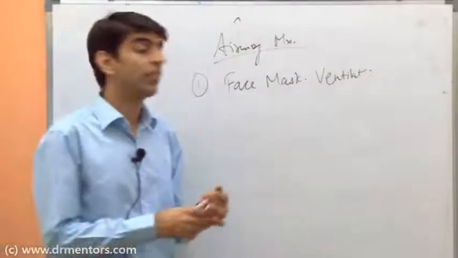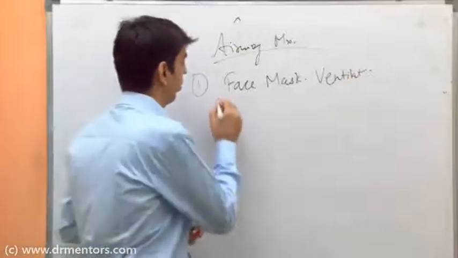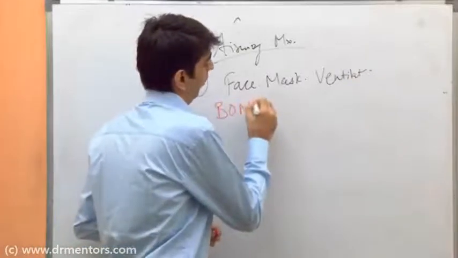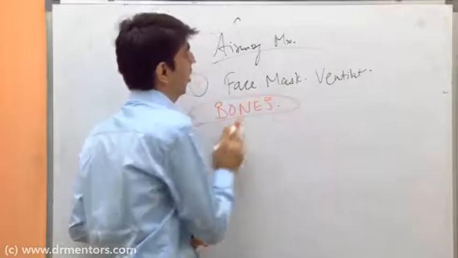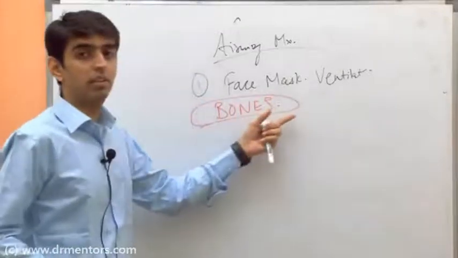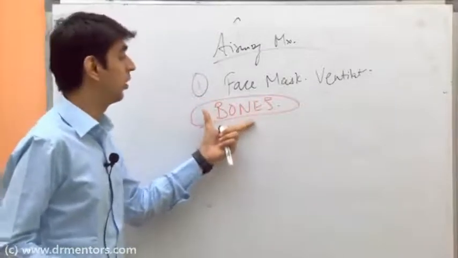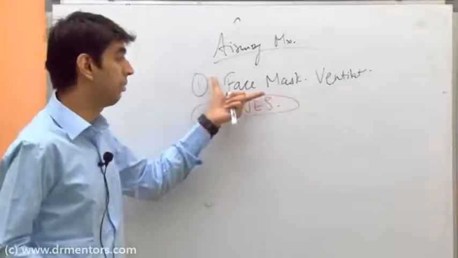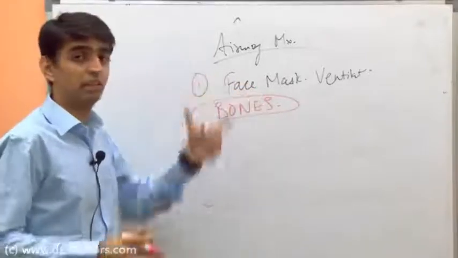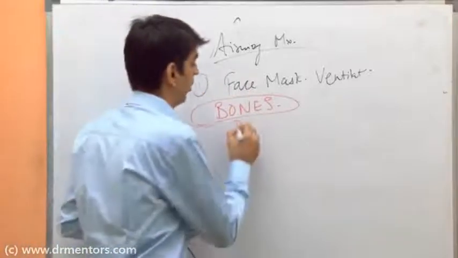There is a mnemonic by the name of BONES. When you see these predictors in a patient, you can consider that face mask ventilation will be difficult. Now, what is it?